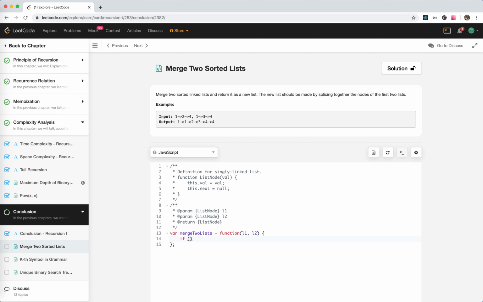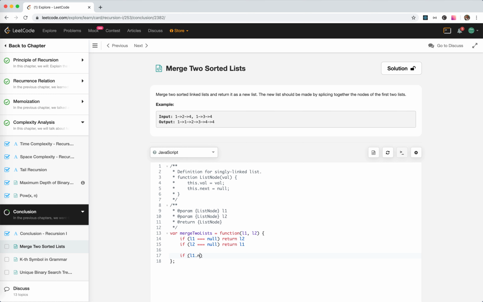Okay, let's say the base case is that when one of them has no nodes. So if L1 is null, return L2. If L2 is null, return L1. So there's no case of both of them being null.